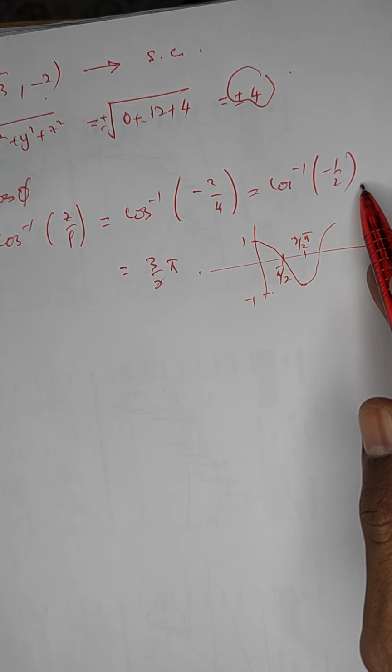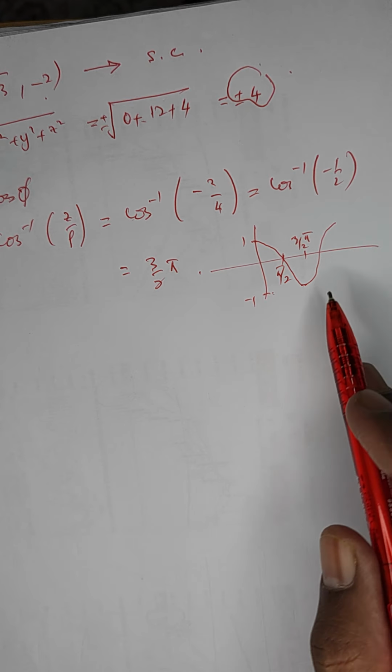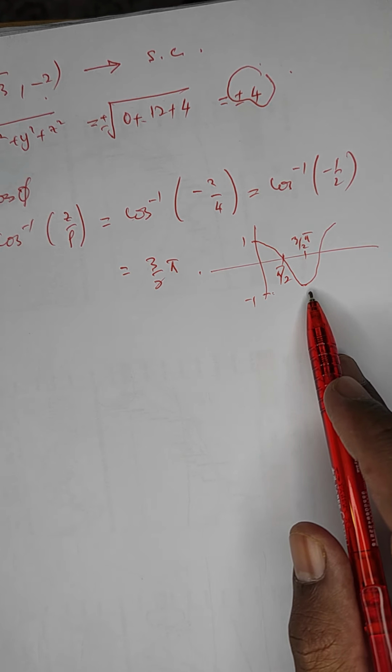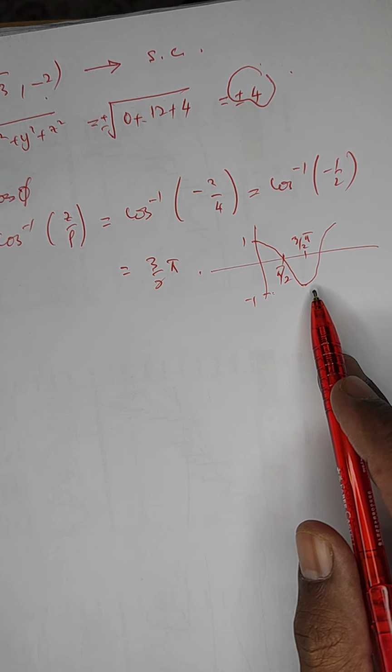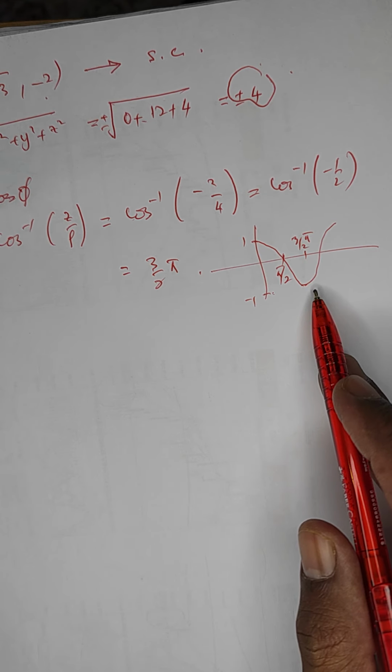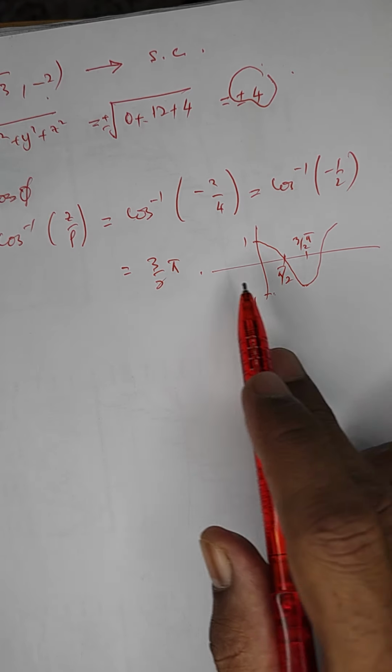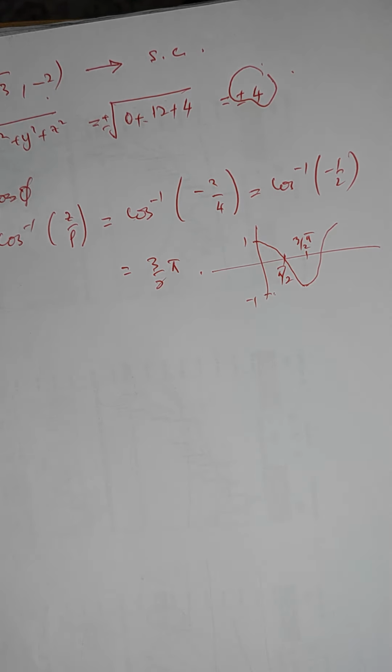Am I right? Should be correct. Yeah, cos phi is minus half.